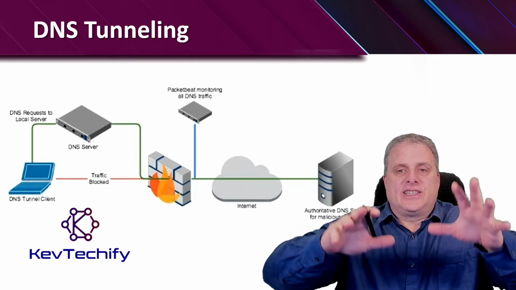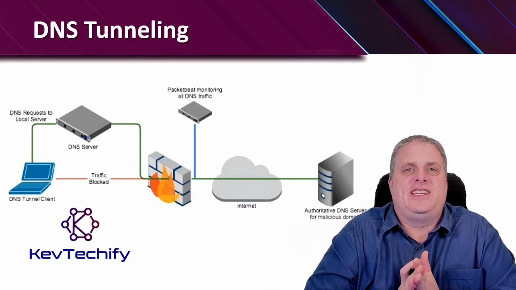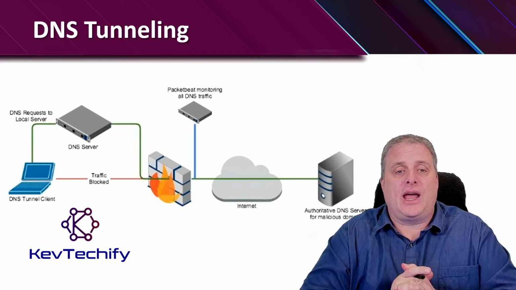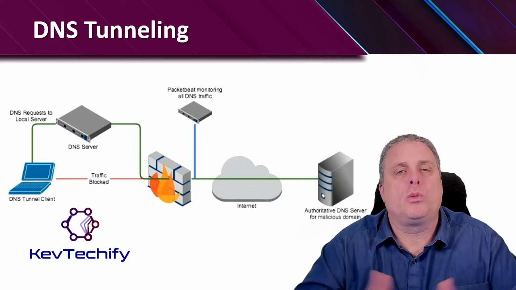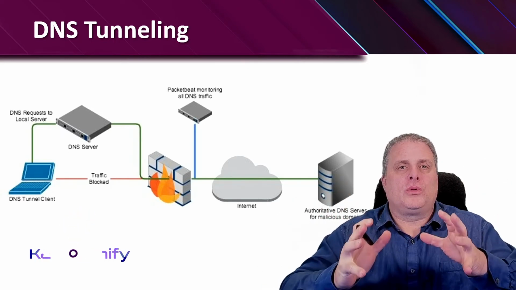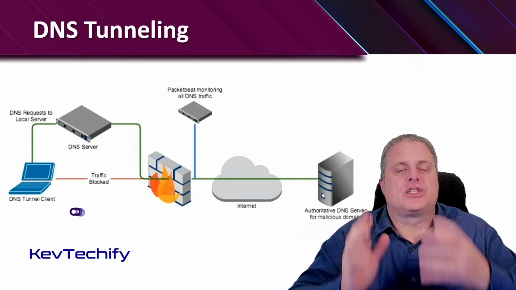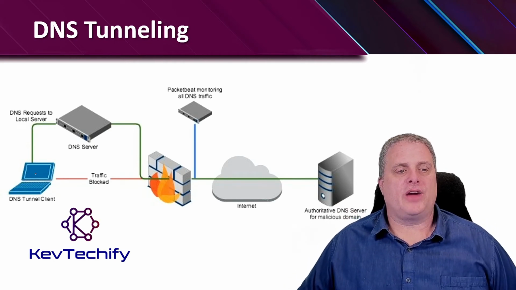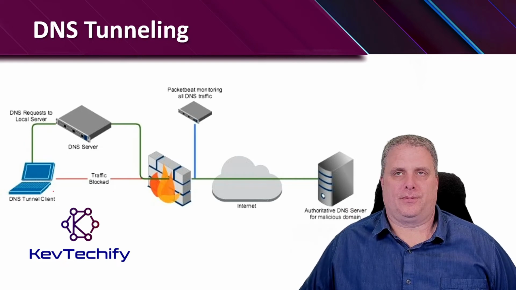DNS tunneling is an interesting way of sending data, sending applications, sending malware across the network, bypassing normal firewall, normal anti-malware software mechanisms. What happens here is you have a client on your network.